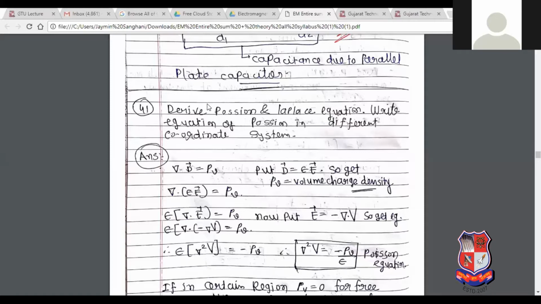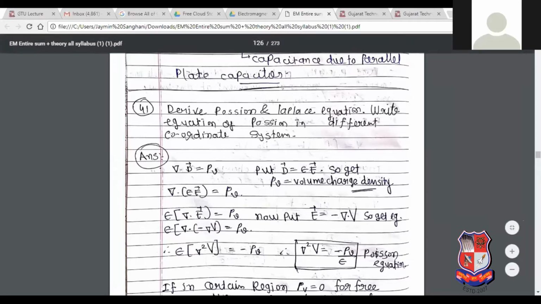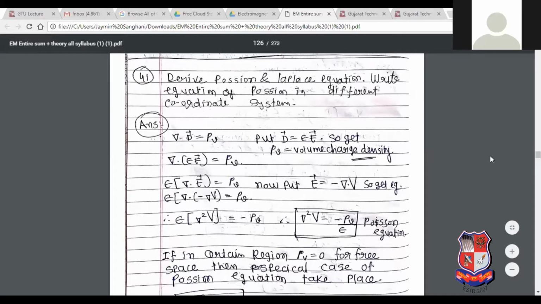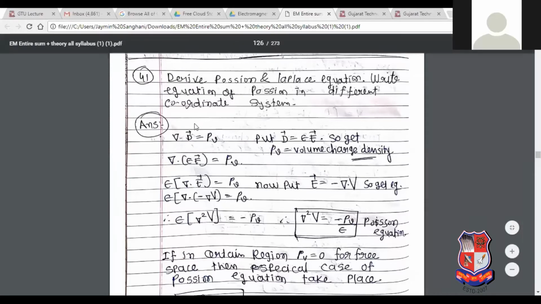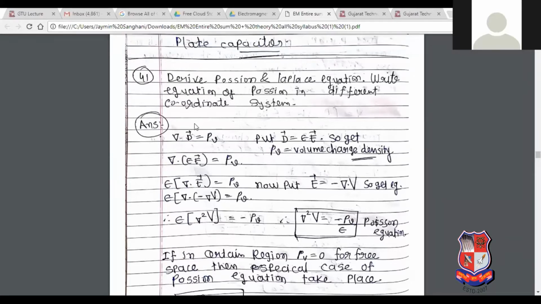First of all, we have derived the Poisson and Laplace equation with the help of basic law, and then we have discussed the usefulness of the Poisson equation and Laplace equation, and the application of that we will discuss later. So first of all, derive the Poisson and Laplace equation.